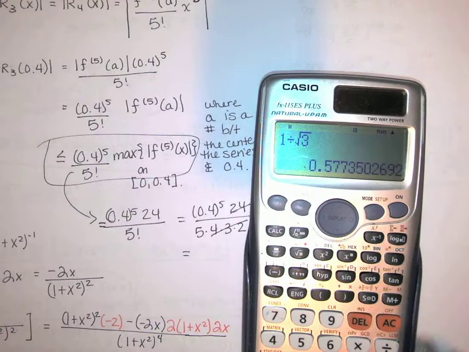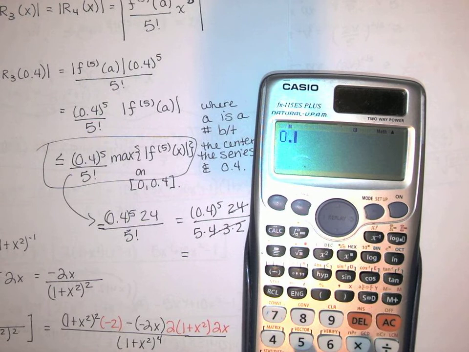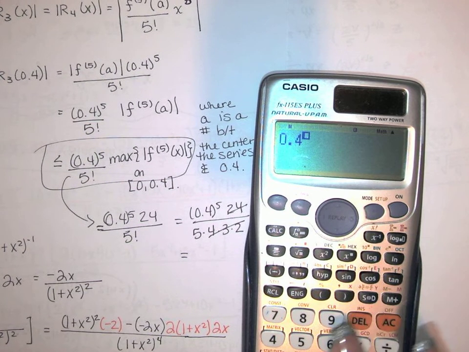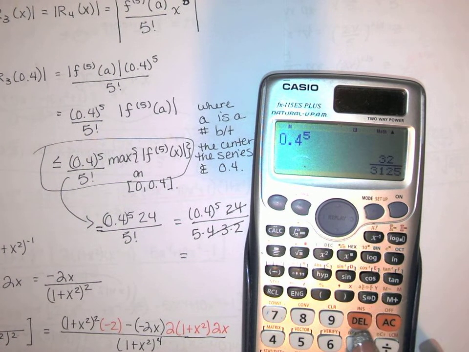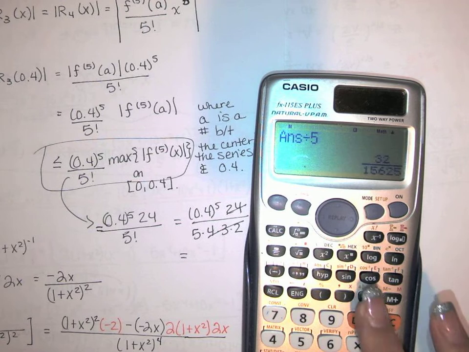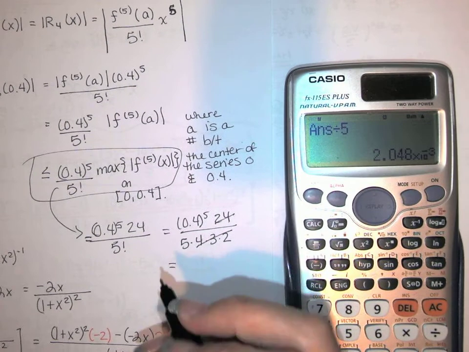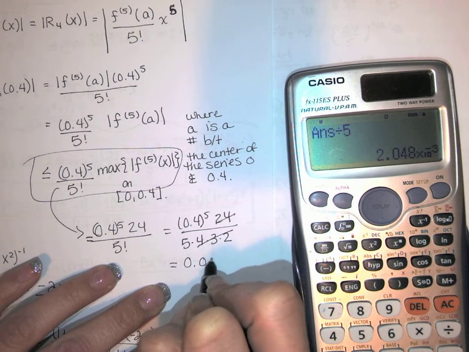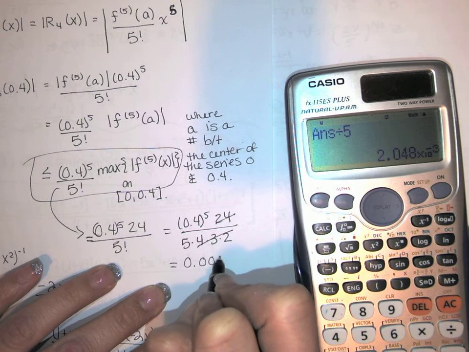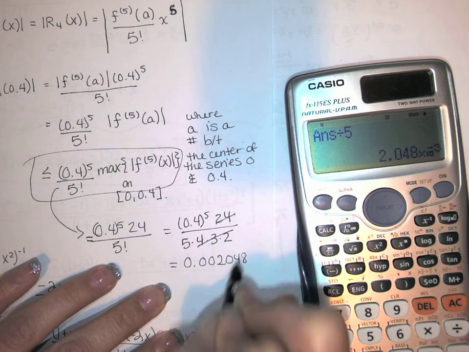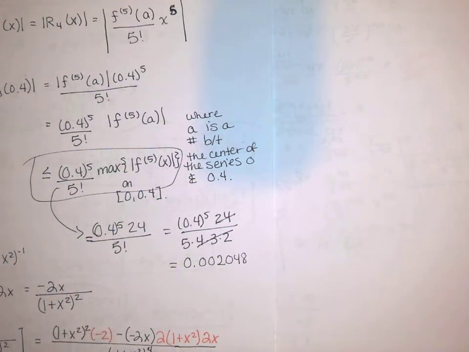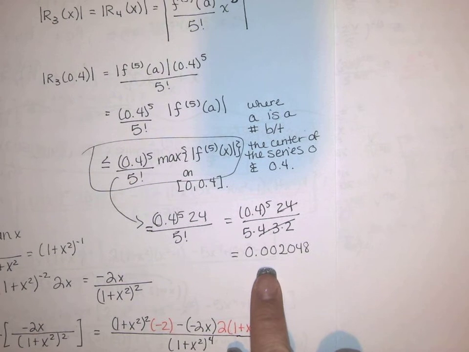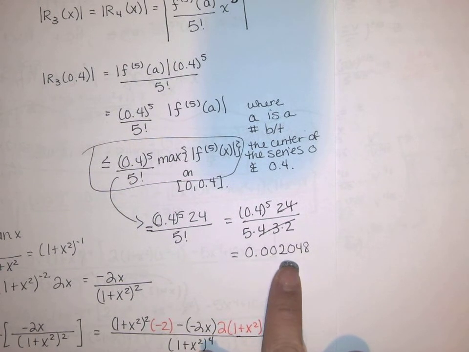So the maximum value of the error is that to the fifth divided by 5. It's actually pretty tiny, 0.002048. So the maximum that we could be off is 0.002048.